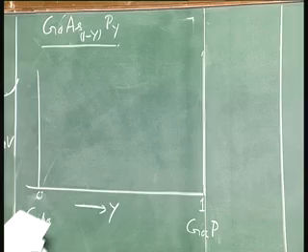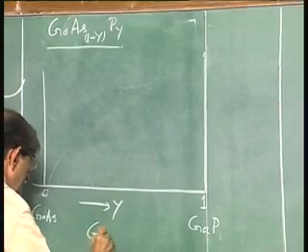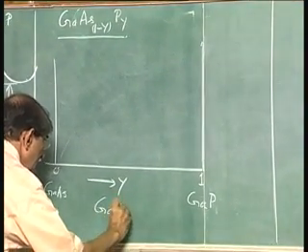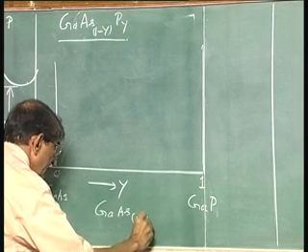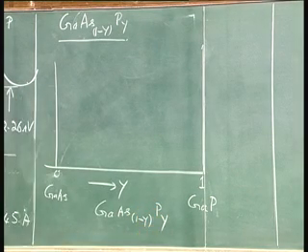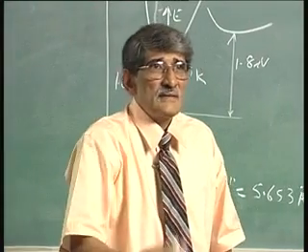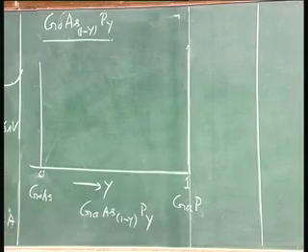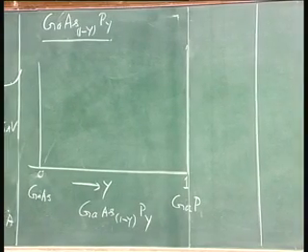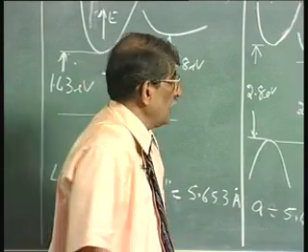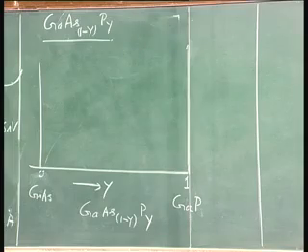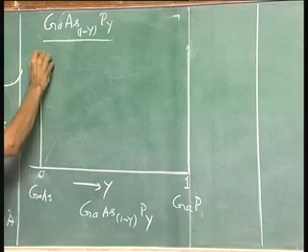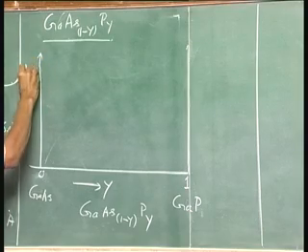And the whole material here you can call gallium arsenic 1 minus Y phosphide Y. What you are doing is going on adding phosphorus to gallium arsenide, so you disturb the stoichiometry to keep the total number of arsenic and phosphorus atoms equal to gallium atoms, that is the stoichiometry.